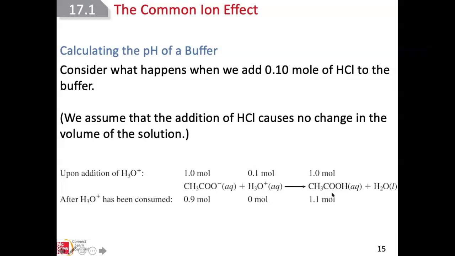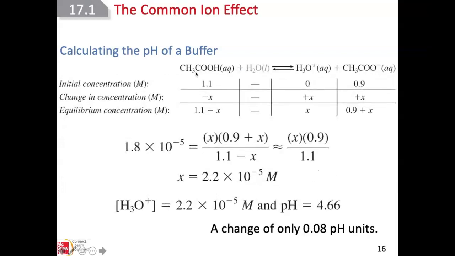But what I will have is more of this weak acid and a little less of the conjugate base. So now again, I have to put together the ICE table with the new molarities here. So the acid is 1.1 molar, H3O+ is 0, and the conjugate base is 0.9.